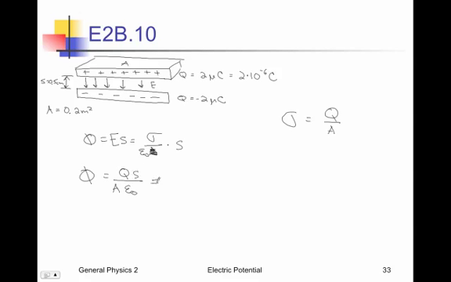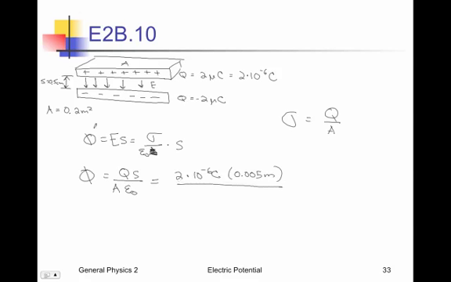And so when I plug in my numbers, I can find the charge just on one of the plates, and that's equal to 2 times 10 to the minus 6 coulombs. My separation is 0.005 meters, right? My 0.5 centimeters converts to 0.005 meters.